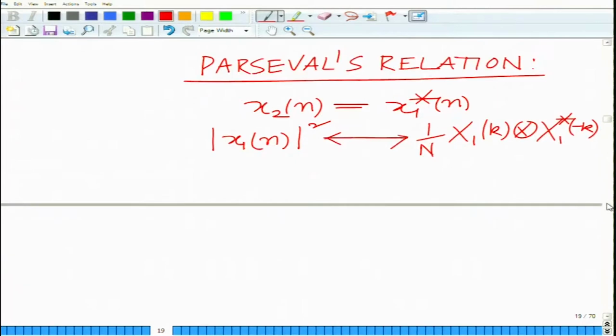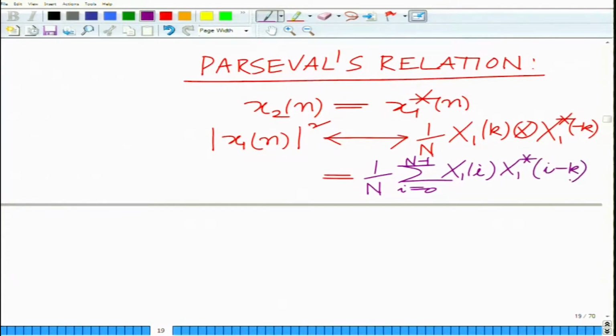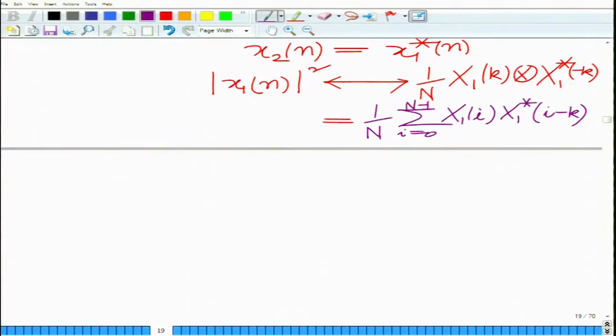If you look at this, that is going to be 1 over N summation i equal to 0 to N minus 1 of X1(i) X1 conjugate of (minus k minus i), which means X1 conjugate of (i minus k). Of course, the i minus k is modulo N. Okay, so this is basically the Fourier transform of magnitude x1 squared.